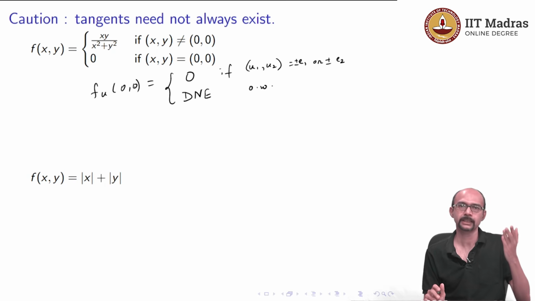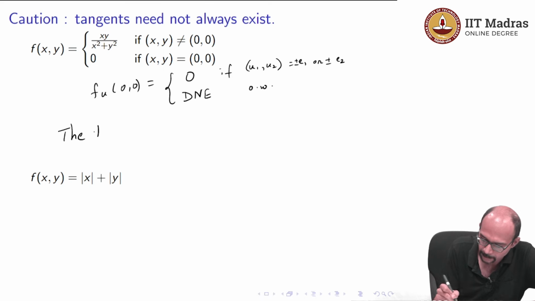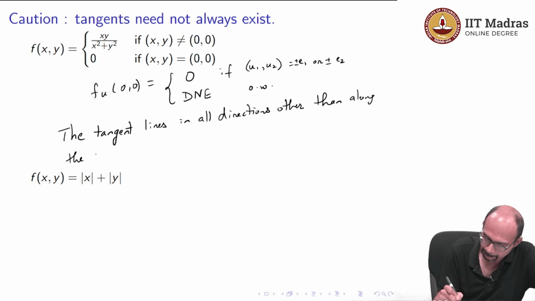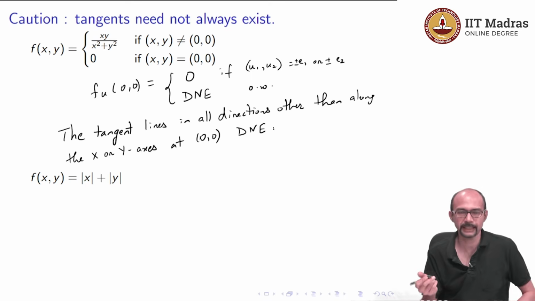There is no line which captures the behavior of the instantaneous direction. So, that means the tangent lines in all directions other than along the x or y axis at (0, 0) do not exist, right. That is exactly what it means.